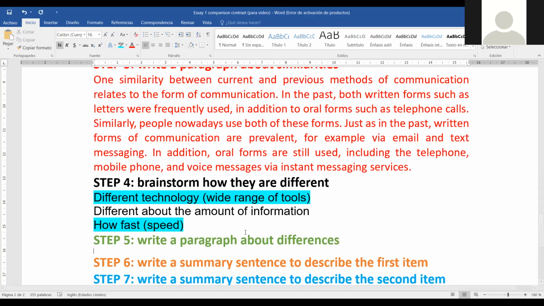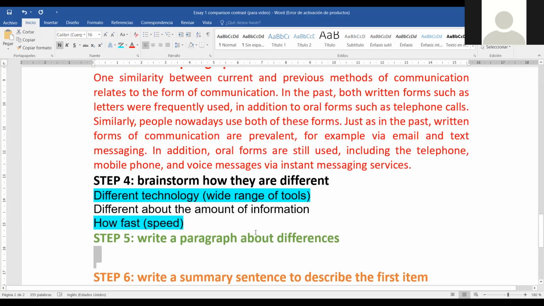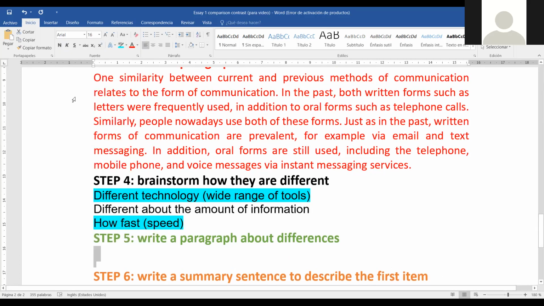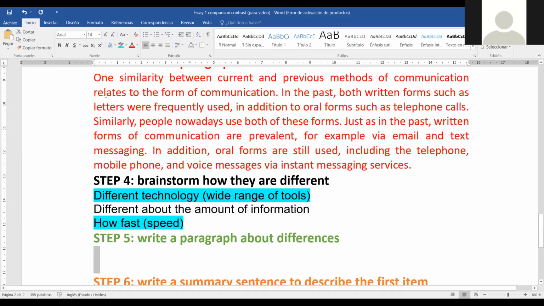So then you have to write a paragraph about differences, but I repeat, in this lesson I chose two differences because I consider them important. And as I chose two differences, that means that I will have to write two paragraphs. Okay, so I'm gonna paste my two paragraphs here.